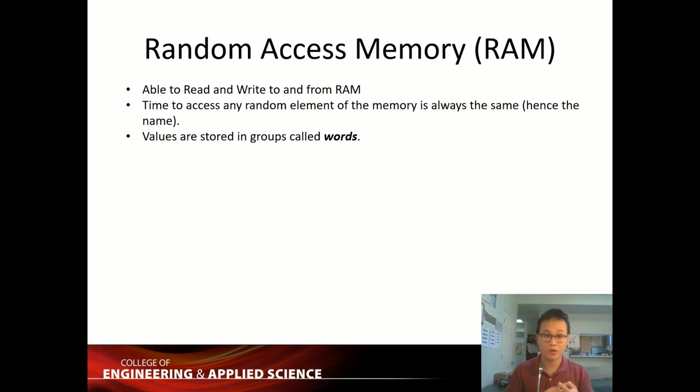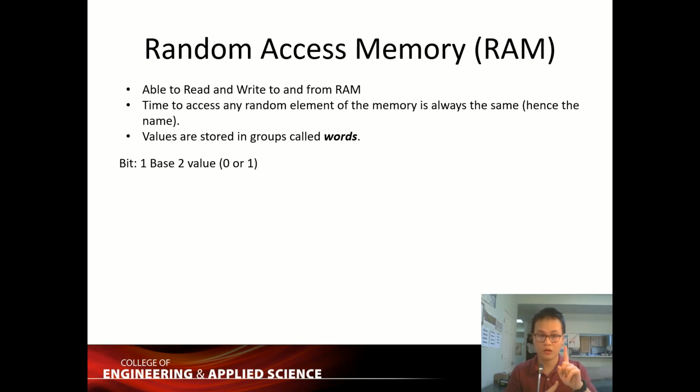Now, it's important. Each value that is stored in a group is called a word. It's called a word. So, some definitions here. In a memory, you can have a unit called a bit. A bit is a single memory unit that stores either 0 or 1.